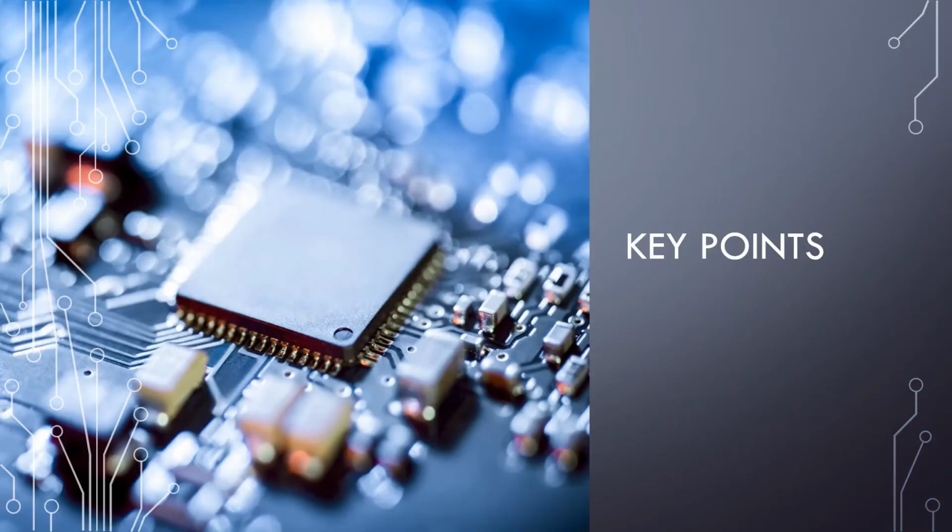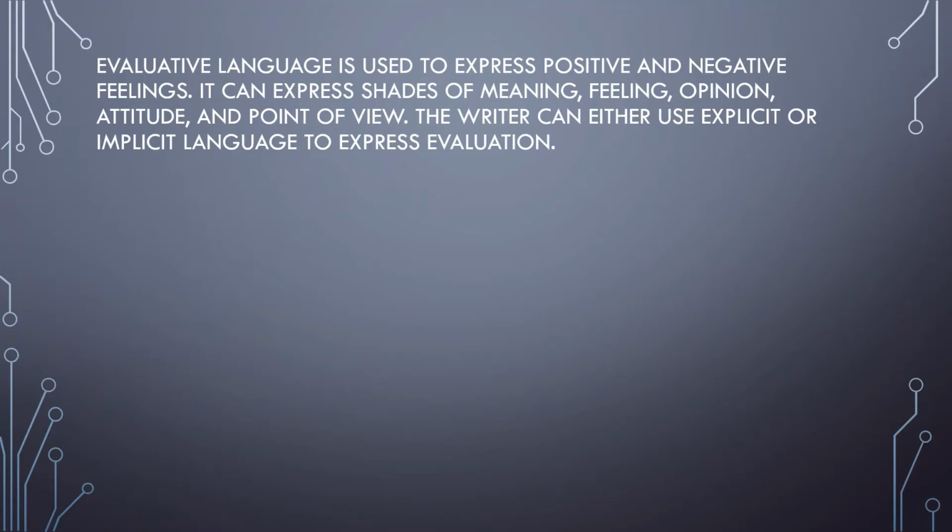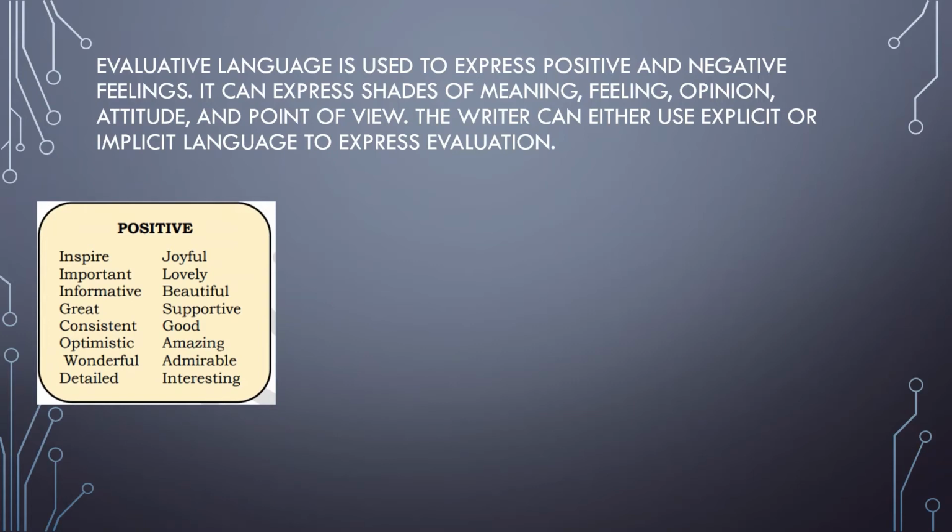So let's emphasize now the key points. Evaluative language is used to express positive and negative feelings. It can express shades of meaning, feeling, opinion, attitude, and point of view. The writer can either use explicit or implicit language to express evaluation. Now, there are positive words that you can use to evaluate.